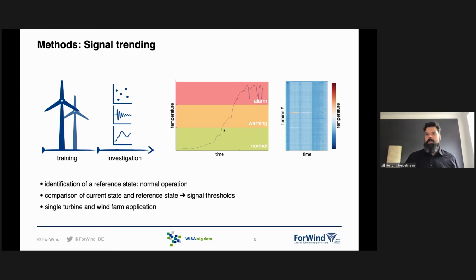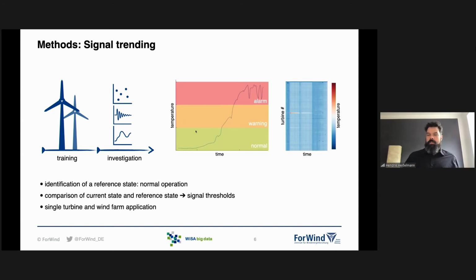You can select some thresholds for your system when you want to provide a warning to the operators, or if you have an even higher threshold, when you want to give out an alarm to the operators so they can immediately react.